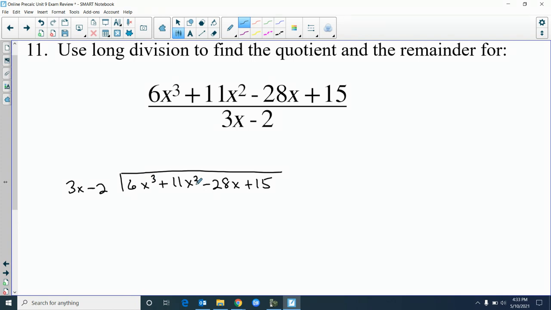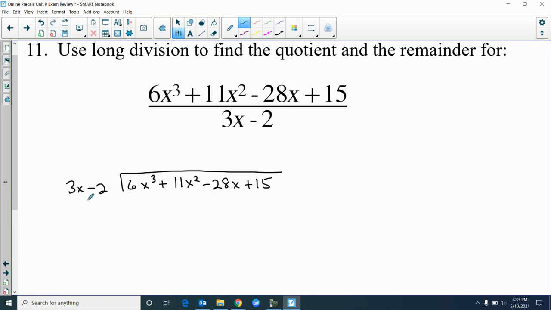If you are missing a term, you have to put a 0 in that spot. So if we were missing x squared, you would put in 0x squared to hold that place value. Otherwise, things are going to get jumbled and confused. This is a complete polynomial. We have x cubed, x squared, x, and a constant, so we're good.